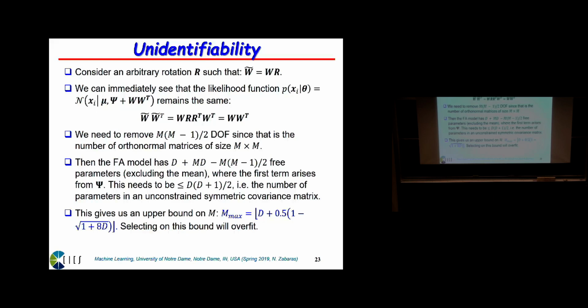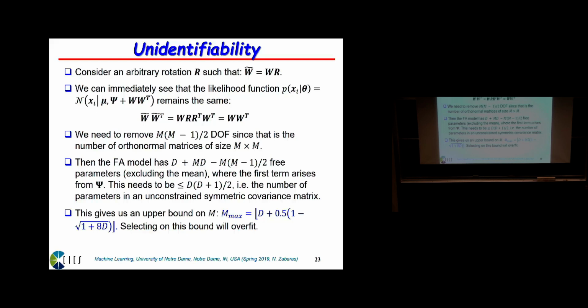So remember that if you integrate this out, the distribution of x that you get, for the general case of a factor analysis, you had some mean mu plus W W transpose.